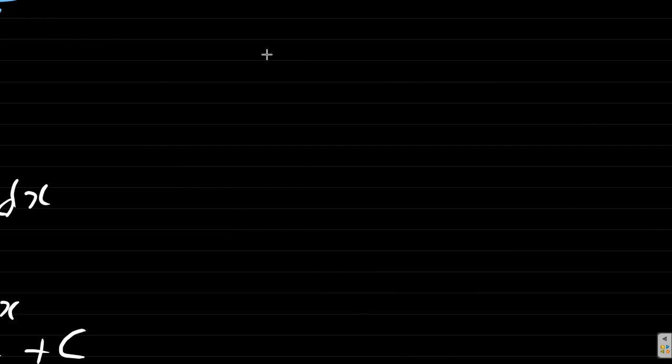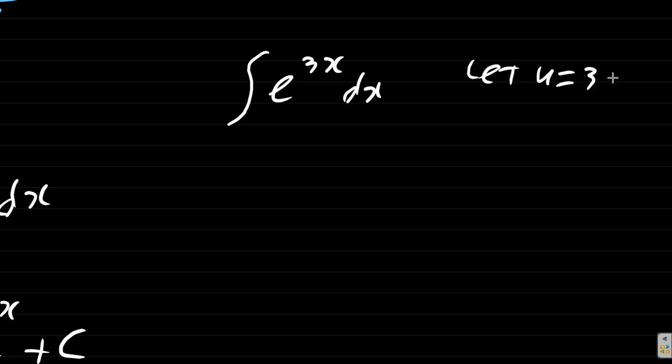Let's see what happens. You integrate e to the 3x dx. You let u be equal to 3x. Then you're integrating e to the u dx. Because u is 3x, you want the integral of e to the u du.